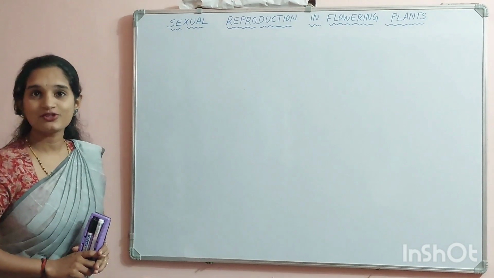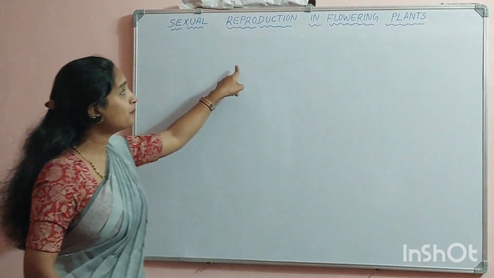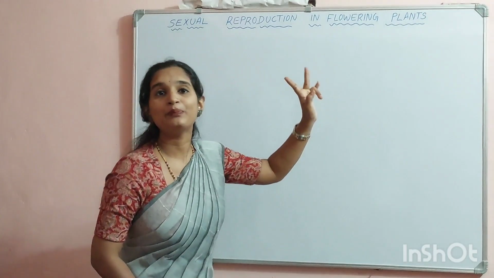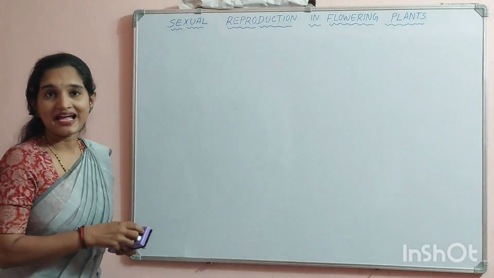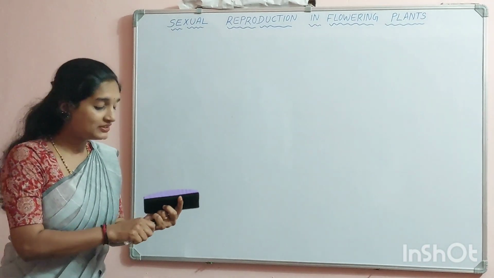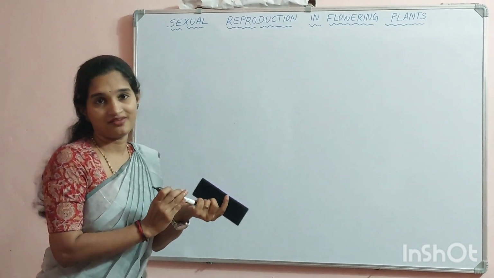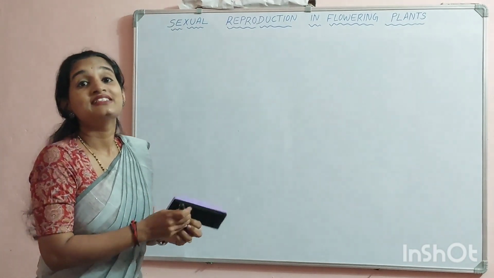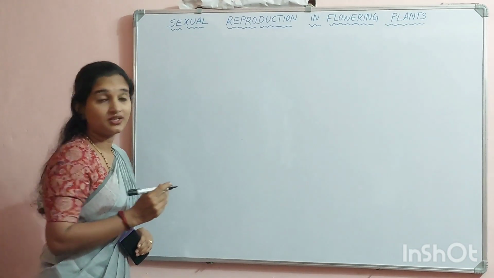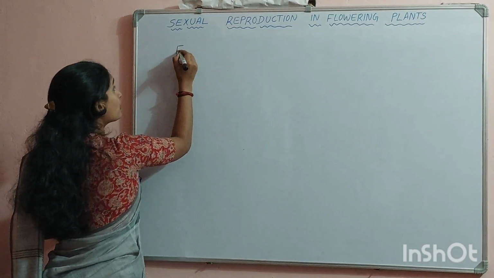So let us move into the topic, sexual reproduction in flowering plants. Flowering plants are the flower producing plants. So what is a flower? Flower is a sexual reproductive structure.